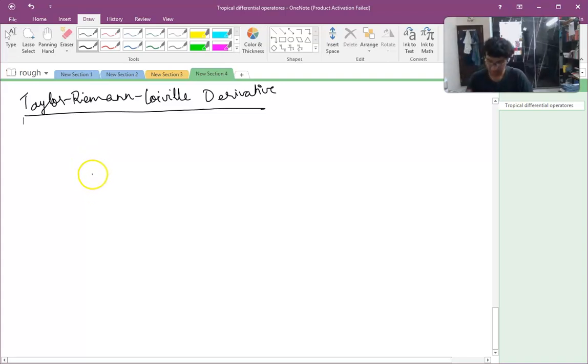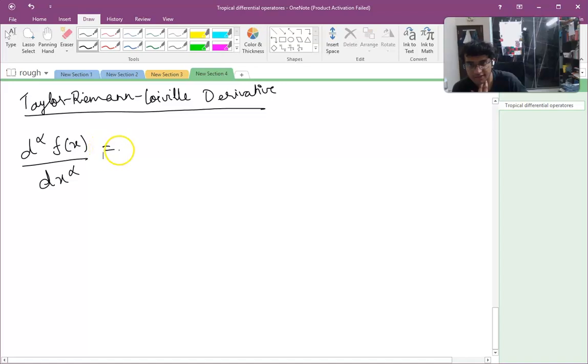So our function now, d alpha of f of x by dx alpha, is given by the infinite sum from n equals 0 of d to the power n f of a.